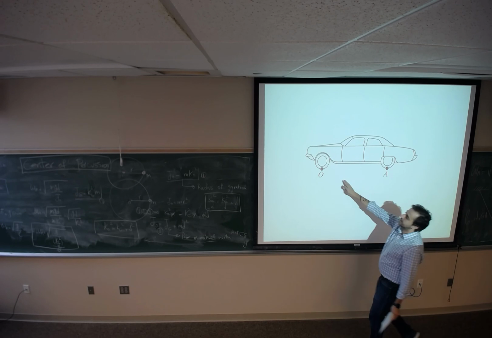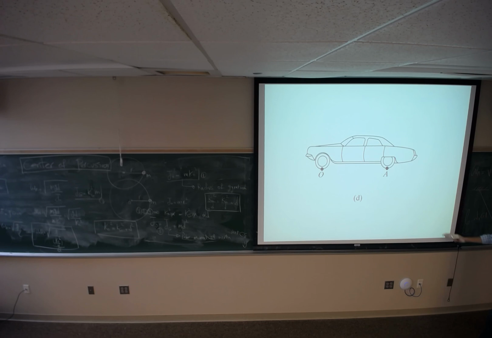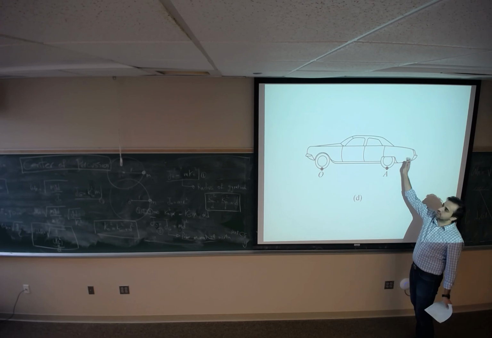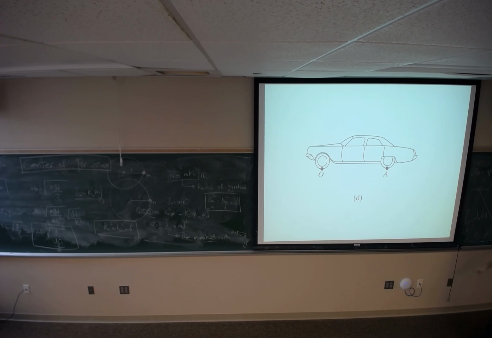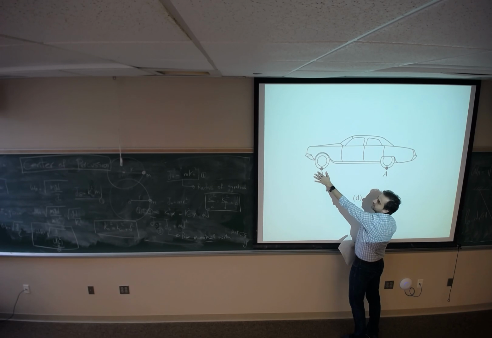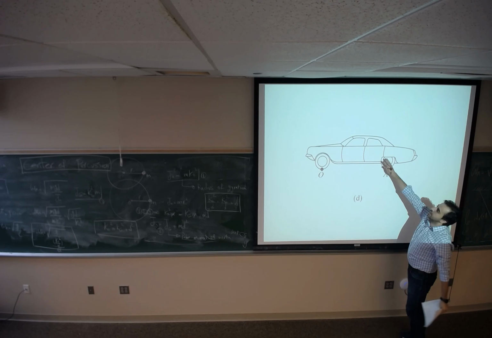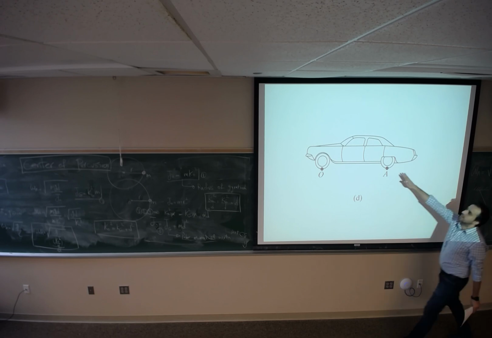If you design the car such that the center of percussion for this rigid body is located at the rear wheel, then when you hit the bump, you are going to feel some force here, but the person in the back doesn't feel any reaction because they are very close to the center of percussion.